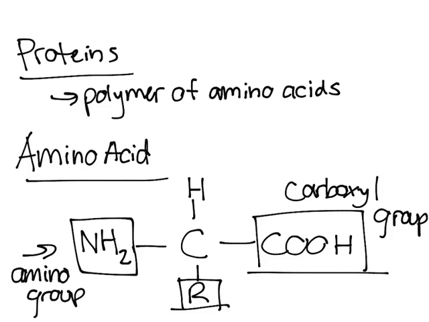And so there are actually 20 amino acids, 20 different types of amino acids. The different properties are determined by the R group. And so some of these amino acids are polar, some are nonpolar, and they just vary widely.